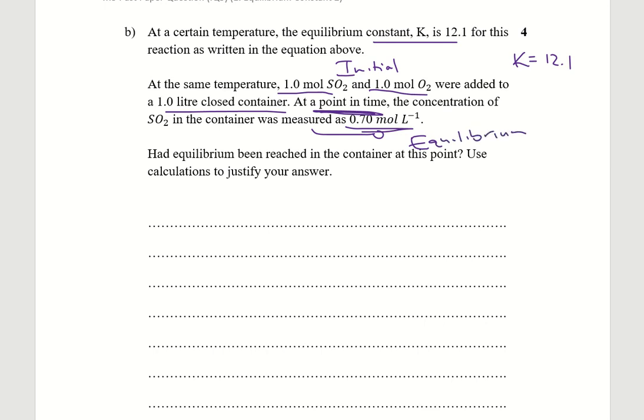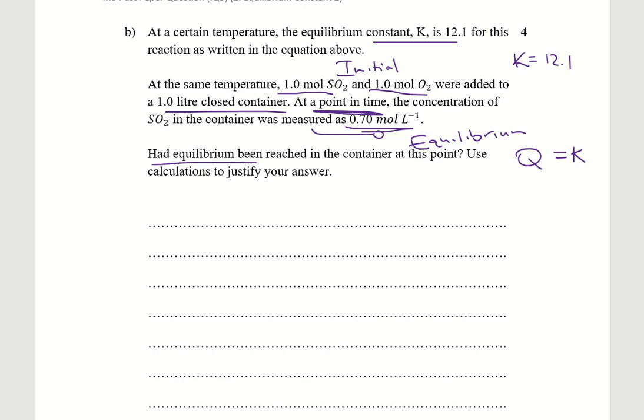So have we reached equilibrium? If we reached equilibrium, that means that our value that we're looking at, Q, needs to be equal to K. So we need to check that out. Okay, let's try and set things out. We need to write the chemical equation.